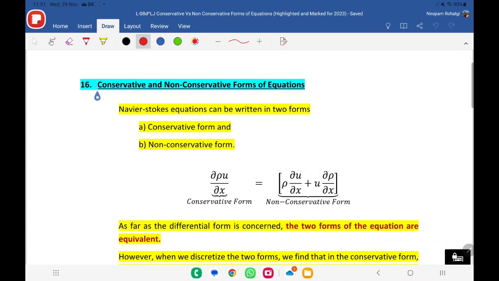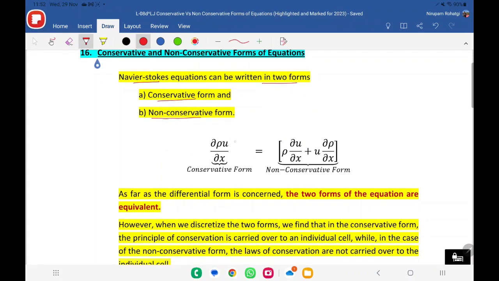So, now we know that Navier-Stokes equations can be written in two forms. One is conservative form and the second is non-conservative form. Right? If you write your partial differential like this, this is the conservative form, you can write it like this and this will become non-conservative form. Okay. These two are the same. There is no difference.